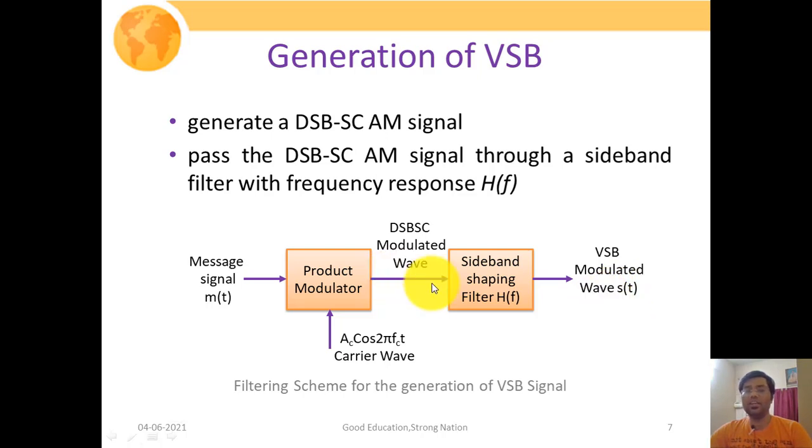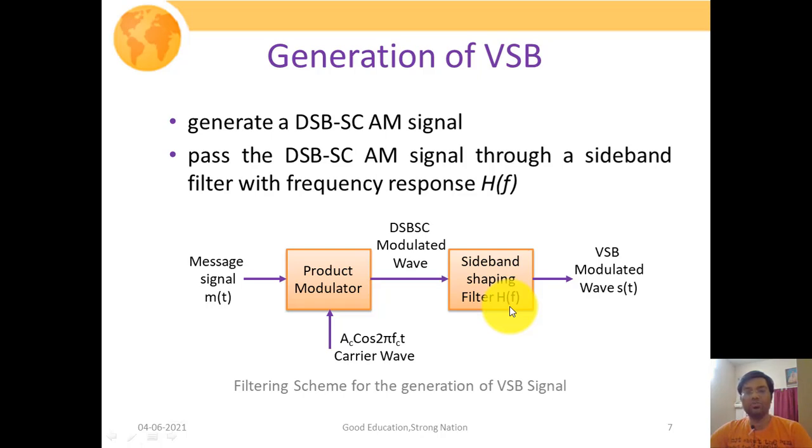But since in VSB systems we have to pass one complete sideband and some portion of the other sideband, we will require a specific sideband shaping filter, whose transfer function is given here as H(f).